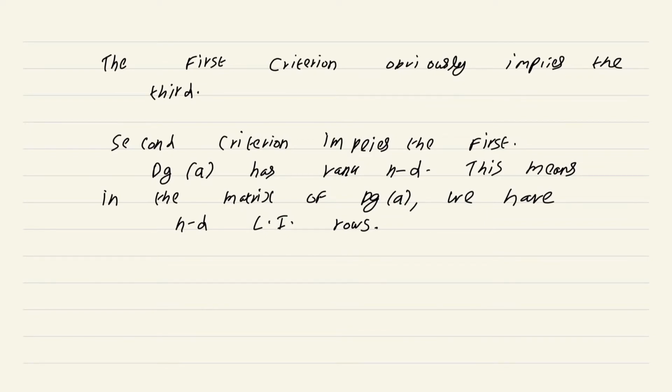Let i1, i2, i3, ..., id be the other rows. Consider those to be the other rows.